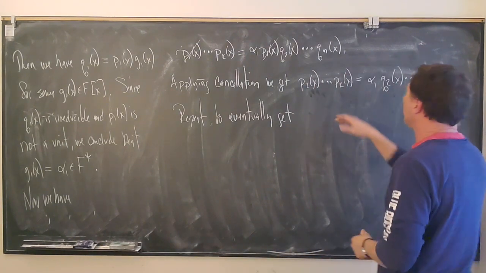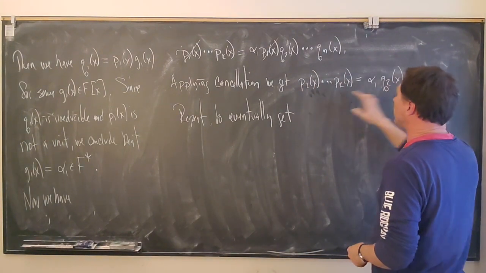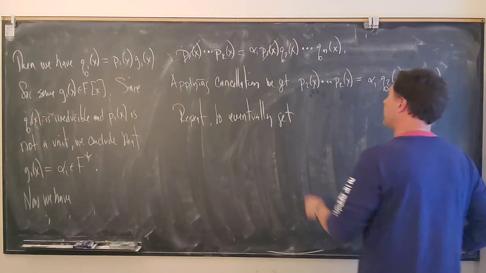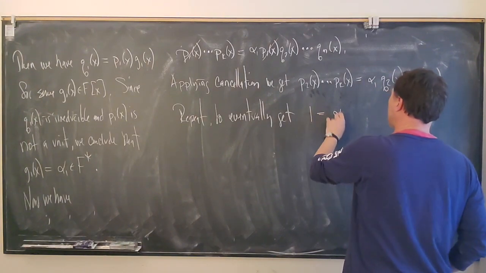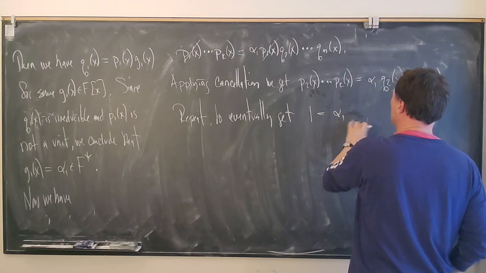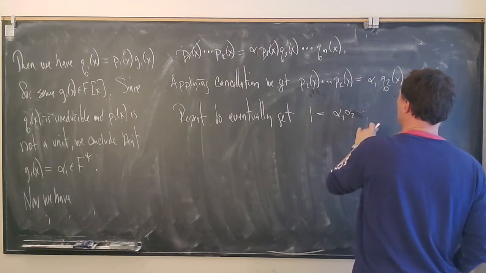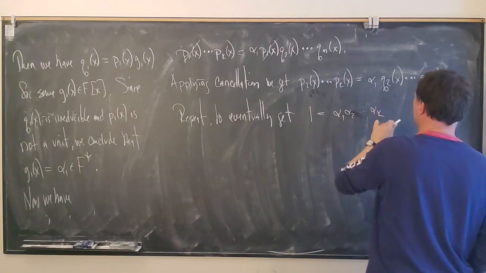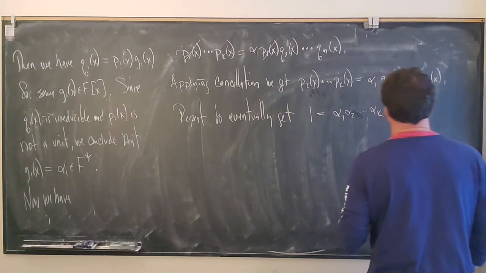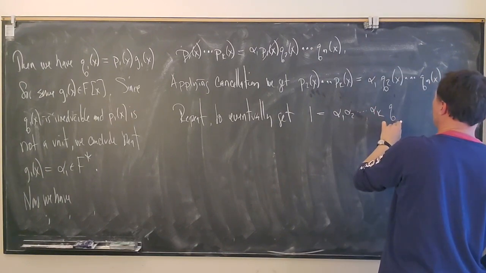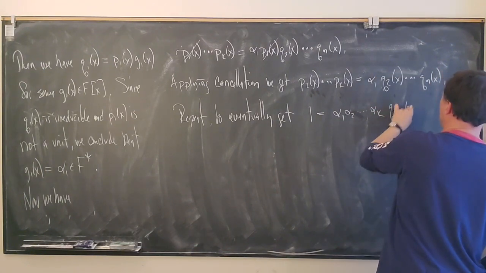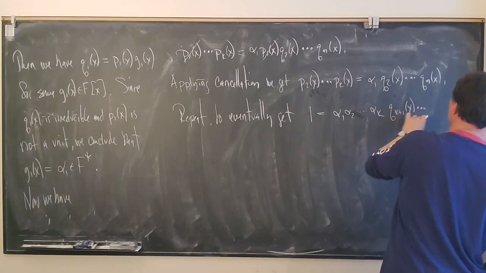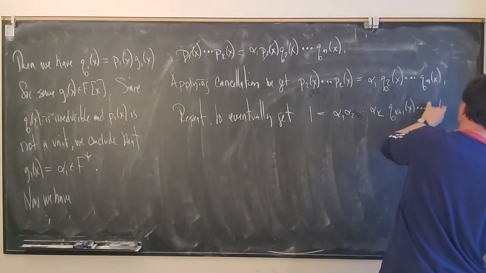So if m was greater than or equal to k, then what we would get is 1 equals alpha 1, alpha 2, eventually alpha k times q sub k plus 1 of x dot dot dot q sub m of x.